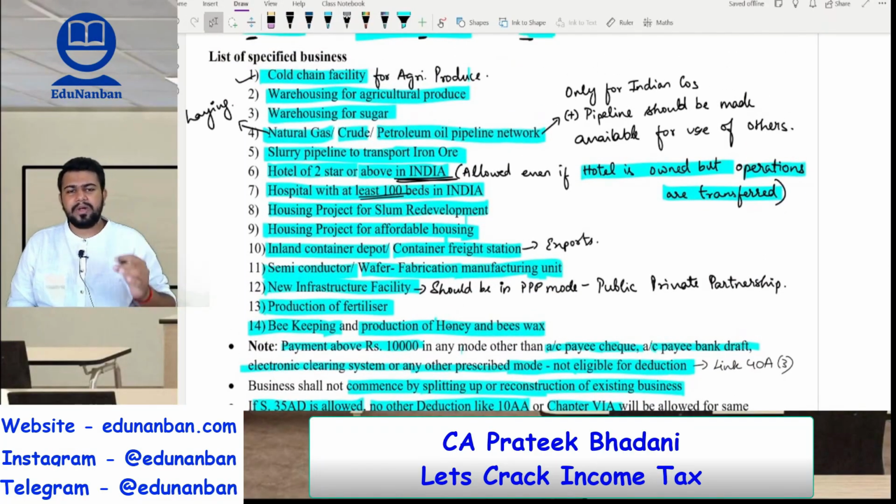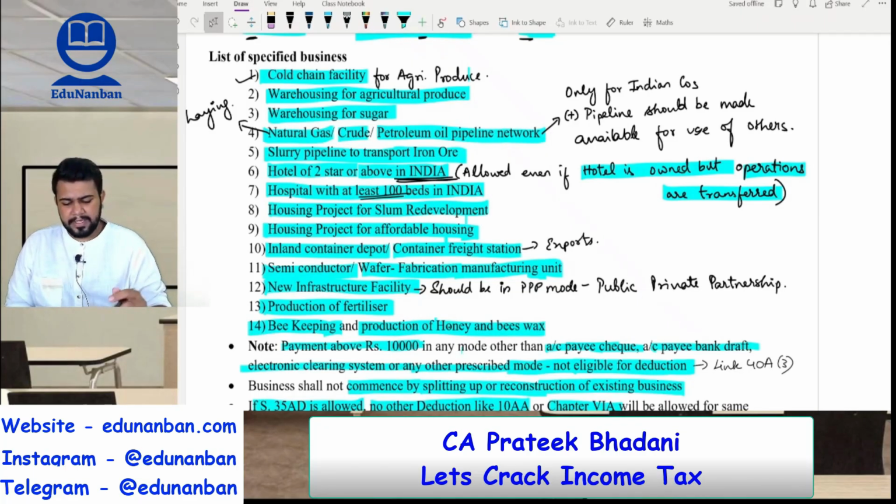Number 1, cold chain facility for agricultural produce. Number 2, warehousing for agricultural produce. Number 3, warehousing for sugar. Number 4, laying of natural gas, crude or petroleum oil pipeline network. However, this is allowed only if it is an Indian company and if the company makes the pipeline available for others to use.